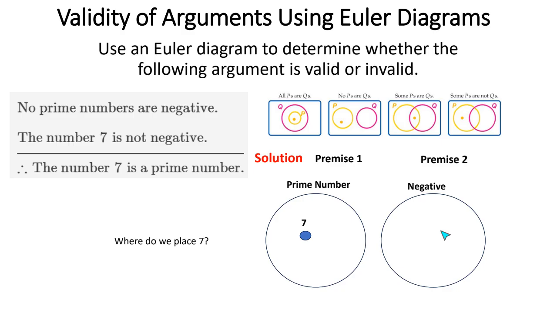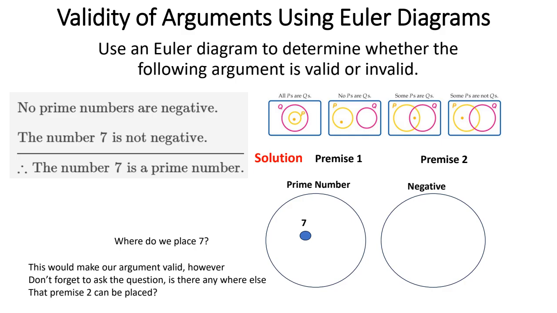Okay, but don't forget, what's that important question? Can you draw your picture in a different way so that your conclusion is not true? Okay, in other words, is there anywhere else that we can put 7 so that the number 7 is still not negative? Well, we can still put 7 on the outside, right?